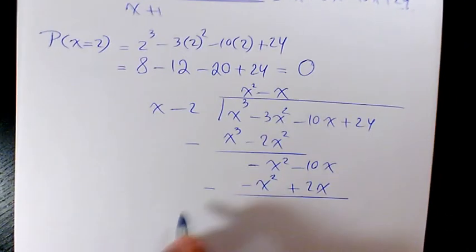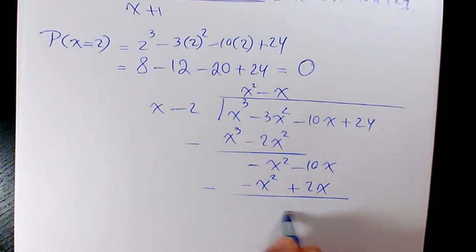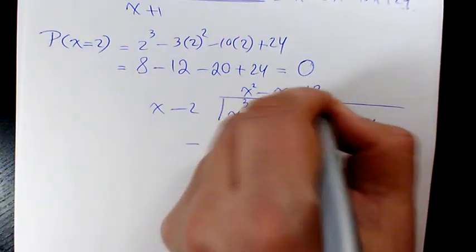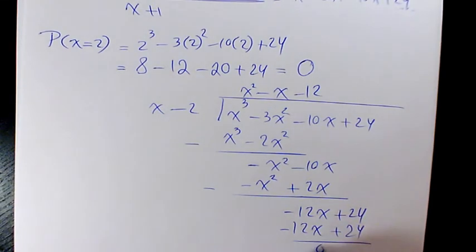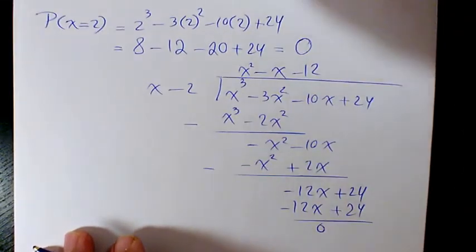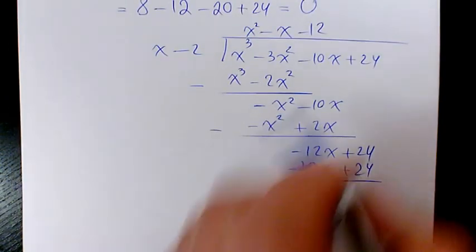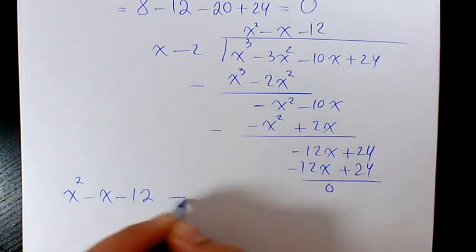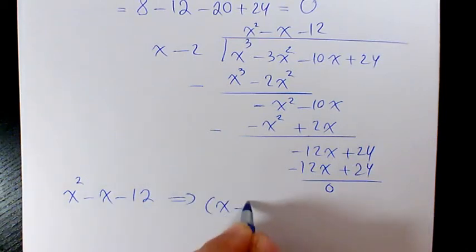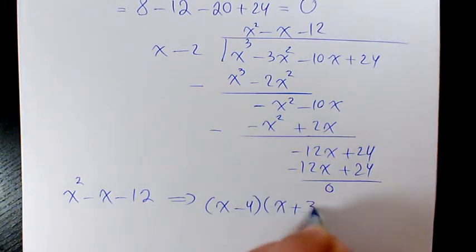You subtract it, that cancels out. It's going to be negative 12x plus 24. When you divide it, it's going to be negative 12. When you multiply that, it's going to be equal to 0. So the second factor is going to be x minus 2. So we have x squared minus x minus 12. When you factor that, it's going to be x minus 4 times x plus 3.